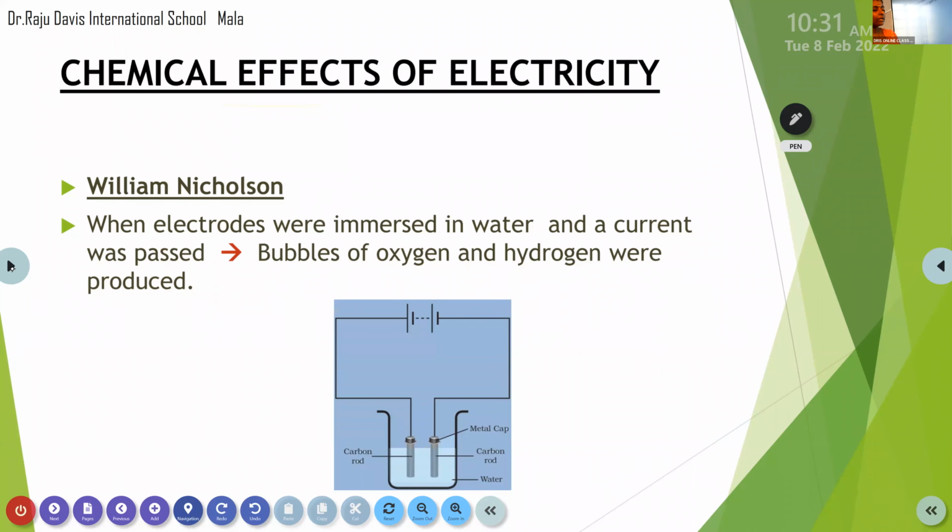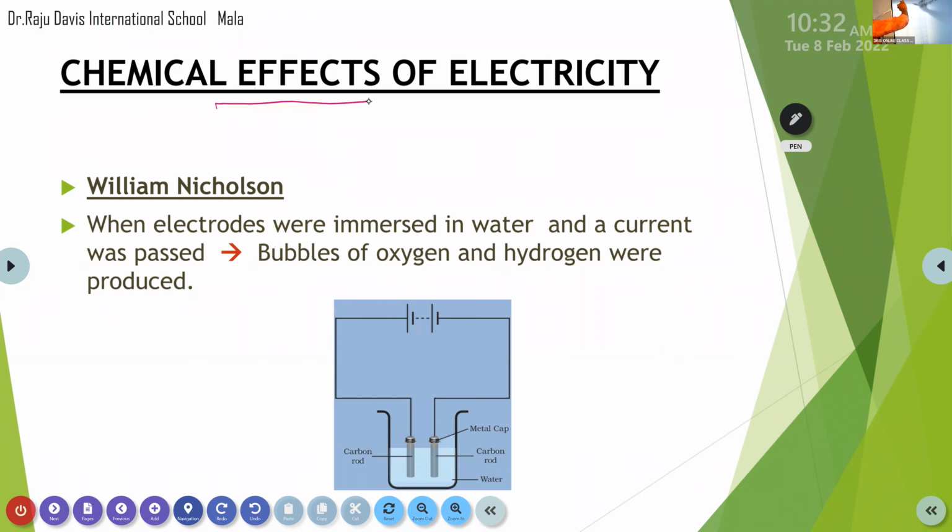If we take water as an example, water is a conductor, so it conducts electricity. At the time when it passes electricity, is there any change in that water? There is one change that we have to study in this topic, the chemical effect of electricity.